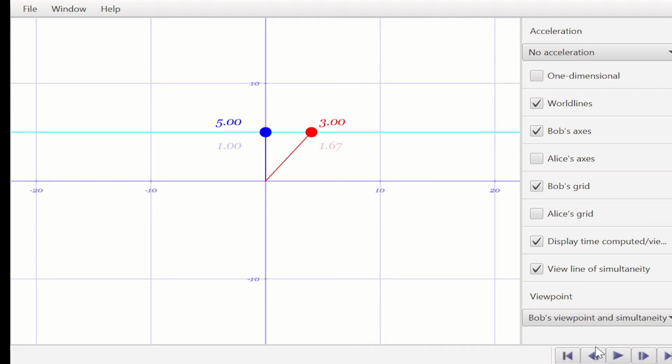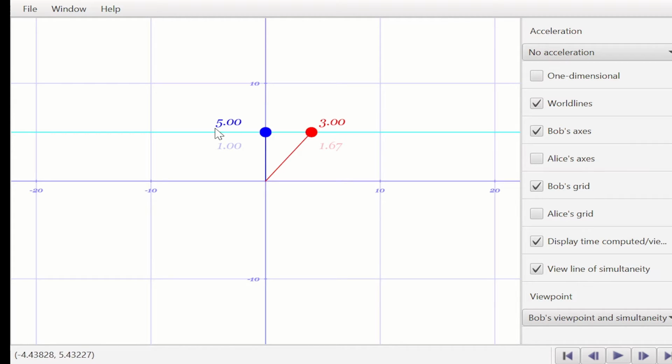Okay, so right here, Alice has completed half the trip. You see that her clock reads 3. Bob's clock reads 5. So Bob computes that Alice's time is slower. Actually, what he sees is 1.67. We'll ignore that for the moment. But he computes that her clock would be at 3 years, and her clock is running slower.